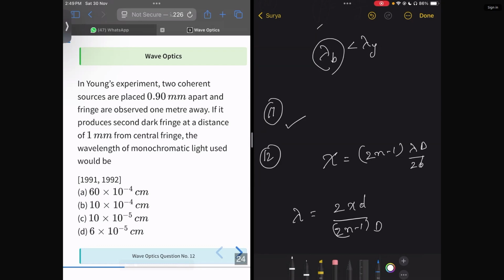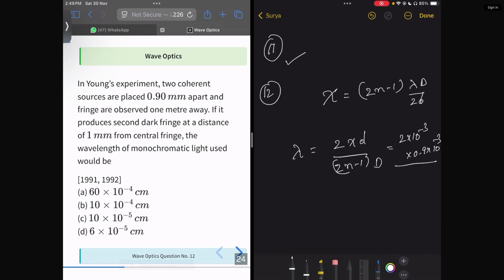So x is 1 mm, so 2 into 10 power minus 3, and d is 0.9 into 10 power minus 3, divided by 2 into 2 minus 1 into D. Here capital D is 1 meter away, so D is equal to 1 meter and small d is equal to 0.9 into 10 power minus 3.